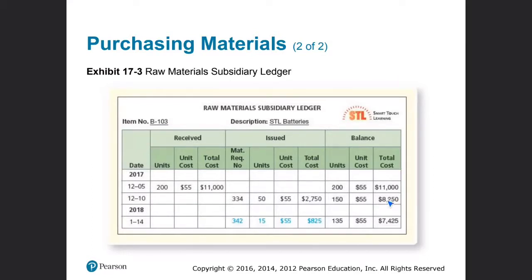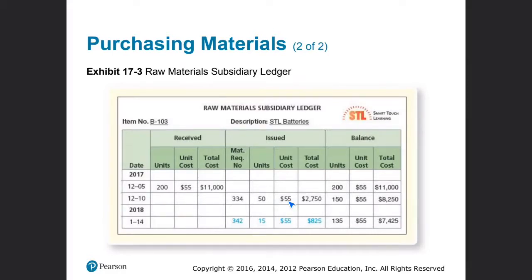So will they not sell them for more? So this is our raw materials. For our raw materials, we're going to use whatever the cost was that we paid for them. This is what we paid for our batteries. This is our batteries for our tablets. So we paid $55 for each battery, and now we've issued 50 batteries for 50 tablets.